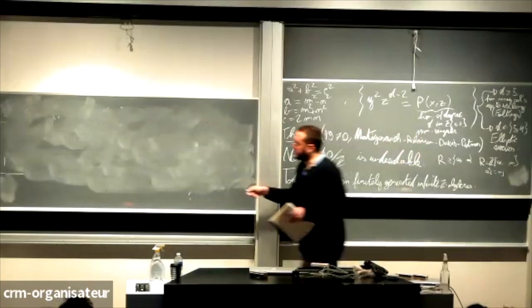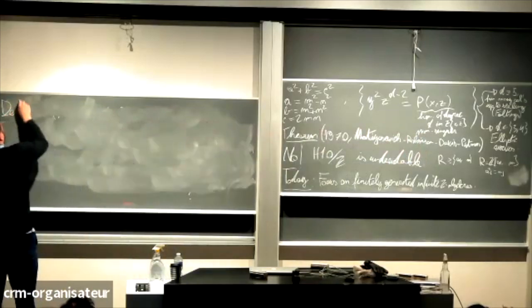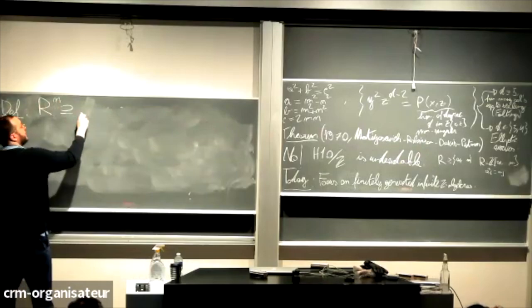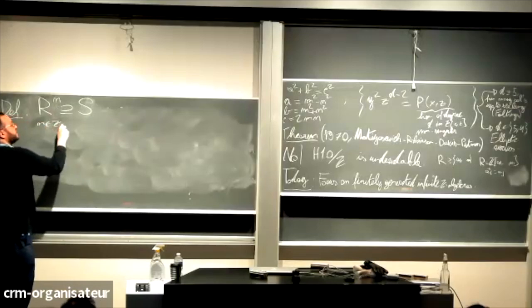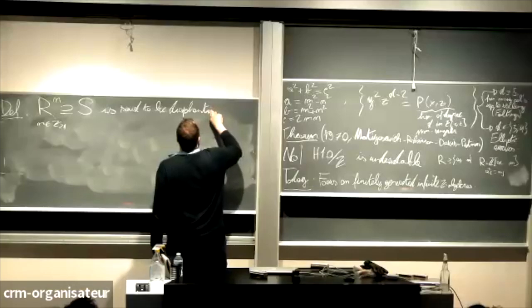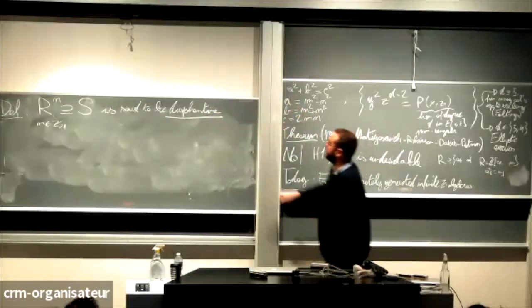And to say that, I want to give an elementary definition that will be important throughout the talk. If you have a ring R, and you have a subset S of R to the n, where n is a positive integer, this is said to be Diophantine if it is the projection of the zero set of a polynomial, maybe in more than n variables.